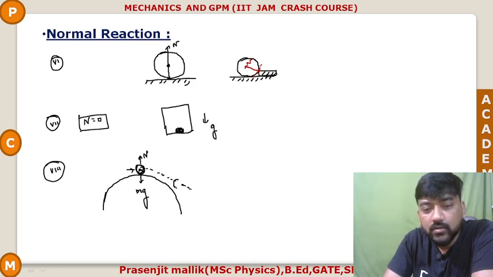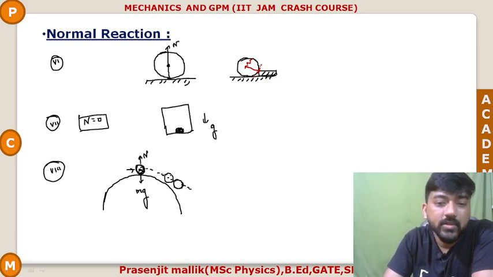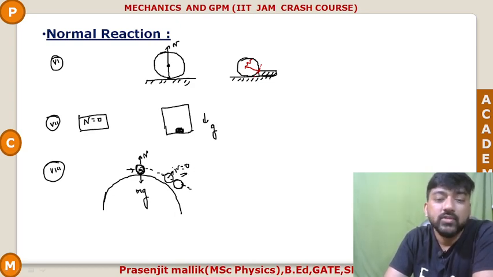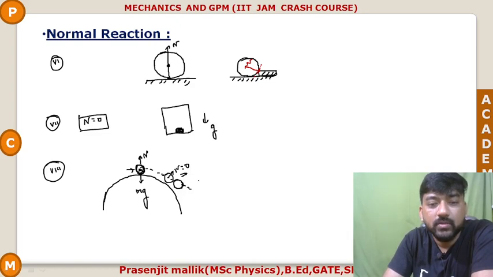So when it leaves the surface, at that point immediately the normal reaction will be 0. This condition we will use for problem solving purposes. Sometimes questions are asked: at which distance from the top will it leave the surface? So the condition will be that at that point N is equal to 0, because whenever it leaves the surface, the normal reaction will immediately be 0. Okay, so please remember these points about normal reaction.